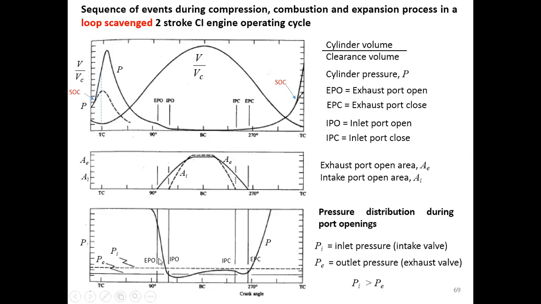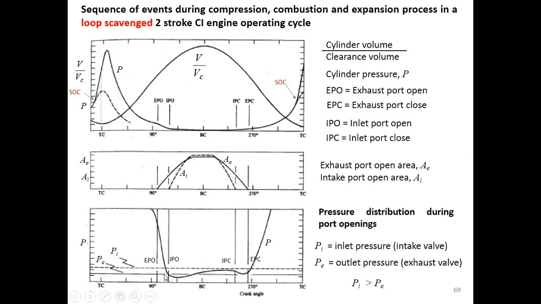And then when it moves down here, it's still higher than the pressure outside. Even up here, it's still higher than the pressure outside or close to the pressure outside, right? And then the inlet port opens. So when the inlet port opens, it makes the pressure inside the cylinder go even below the outlet pressure here.